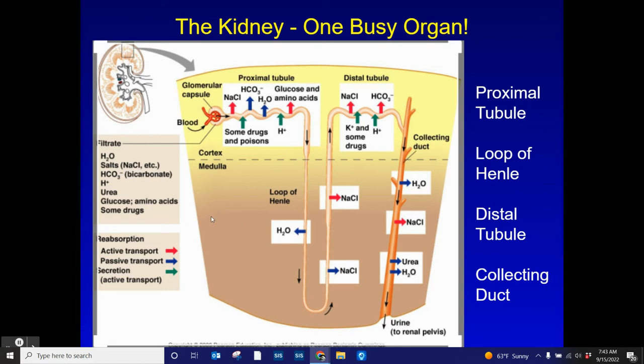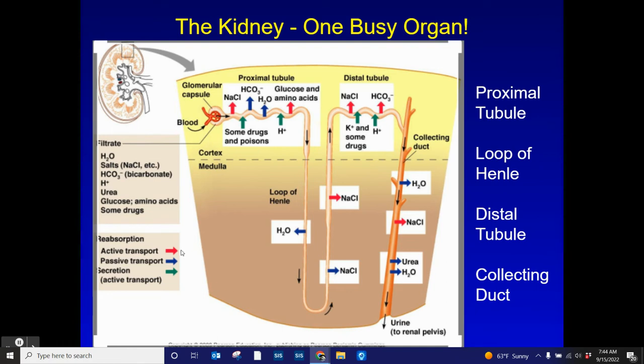So we can see all sorts of transport going on. We see water and some bicarbonate ions and things leaving via simple diffusion. And then down here inside the kidney, where it starts getting more concentrated in terms of salts, we see water and salt leaving via simple diffusion, urea and water also leaving via simple diffusion.